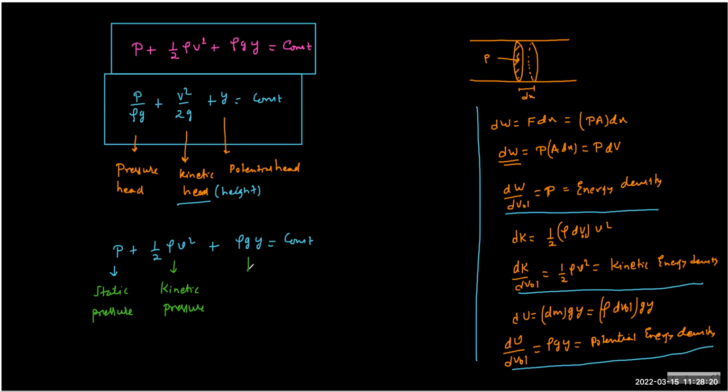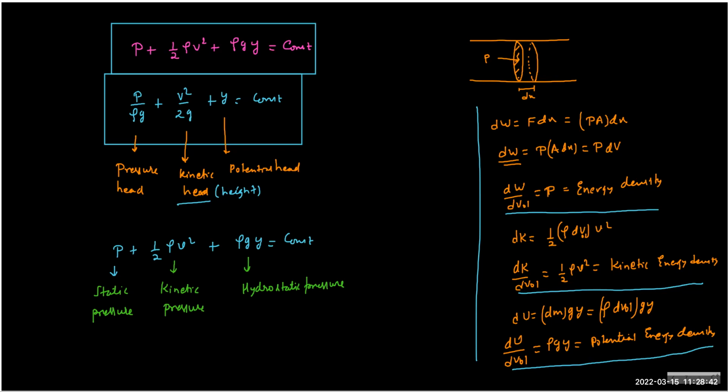And the third term we call hydrostatic pressure. And this is always due to the height from the reference. So a proper choice of reference in certain situations may eliminate this value.